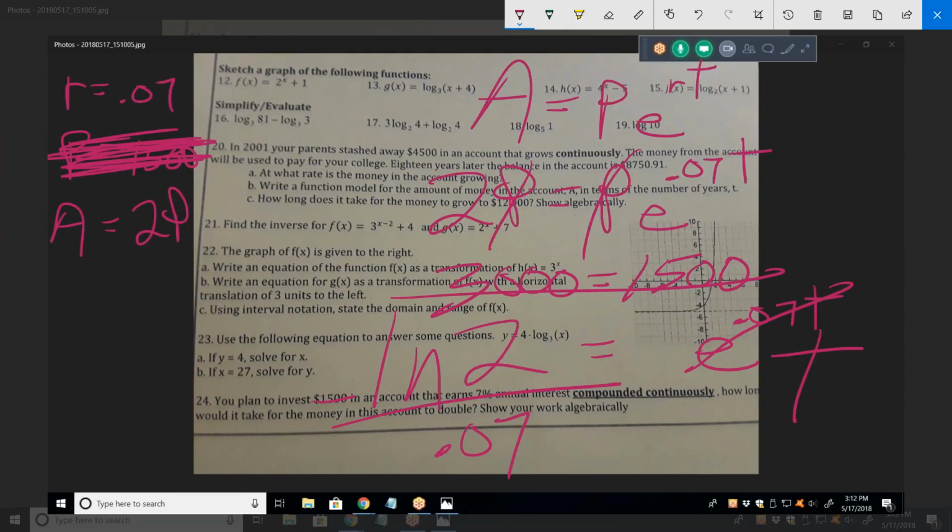See how I did all of that? That's not a negative sign. So, natural log. In other words, I took the natural log of both sides. And on the right side, that left me 0.07T. Got to get rid of the 0.07, divide both sides by 0.07. Okay.